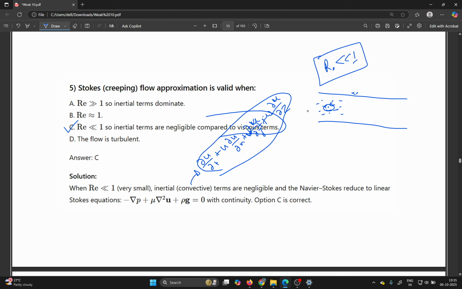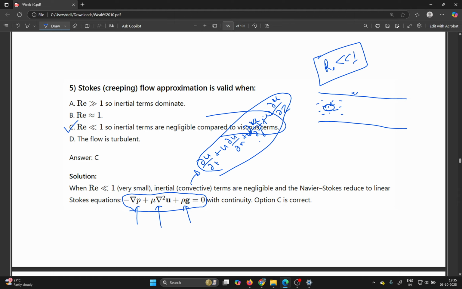If the inertial force is less, then this acceleration will be very small, meaning these terms in the Navier-Stokes equation will be negligible, that is, zero. So you remain with only three terms: the pressure force, the viscous term and the body force.